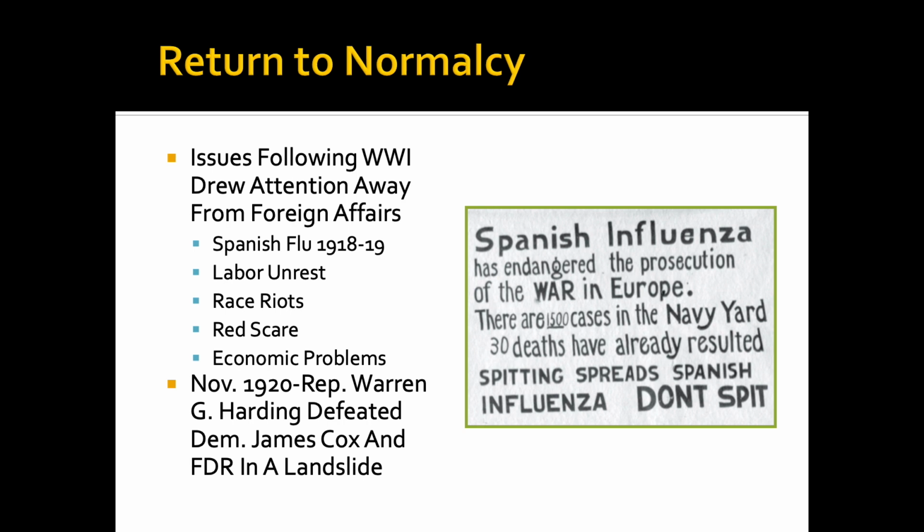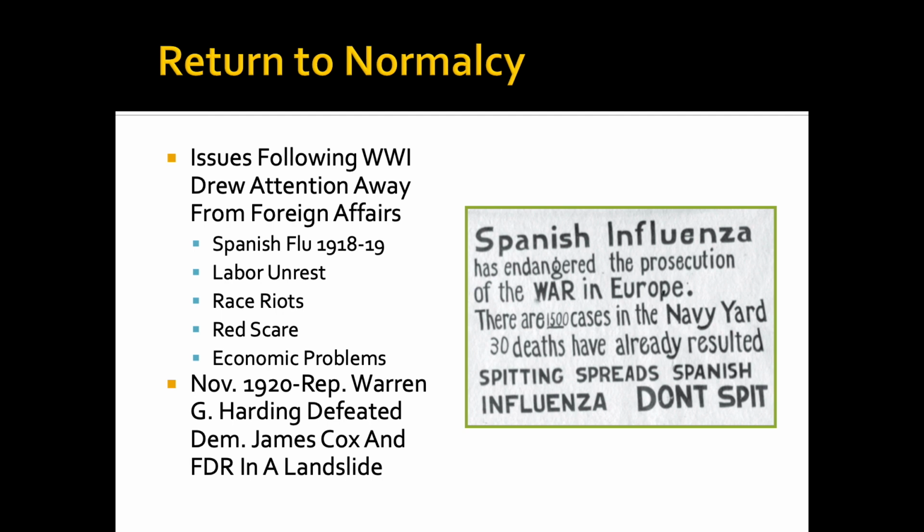And so, at the end of 1920, when Americans went to the polls, they wanted a presidential candidate who had promised to return to normalcy, to bring things back to where they were, and to get away from all of the foreign involvement. And that was Republican Warren G. Harding.